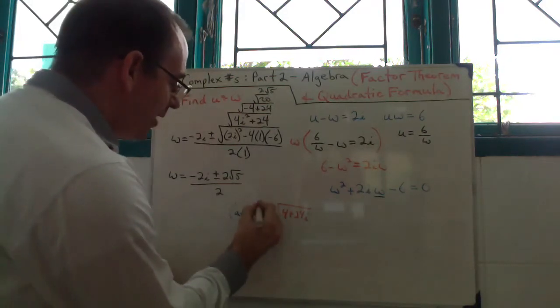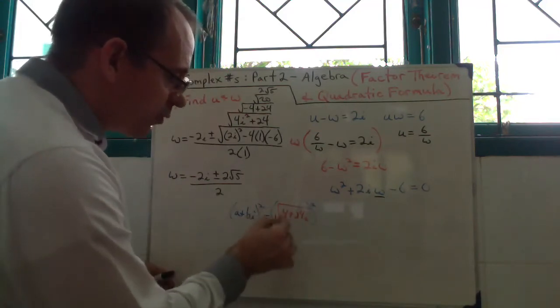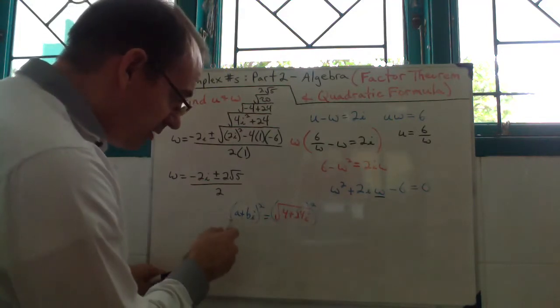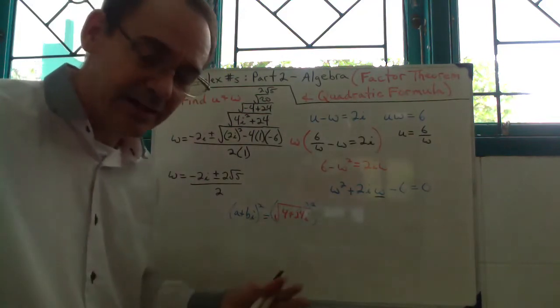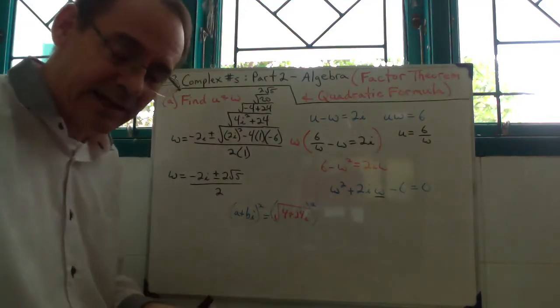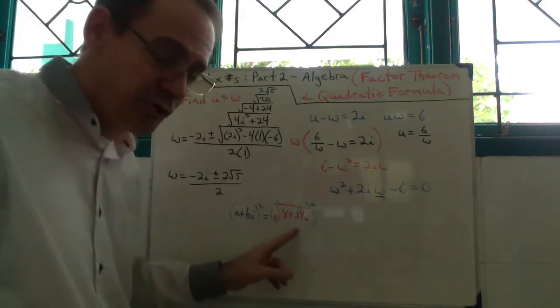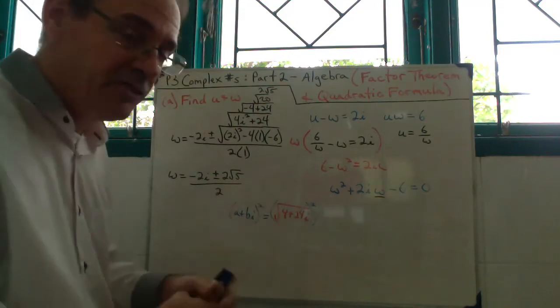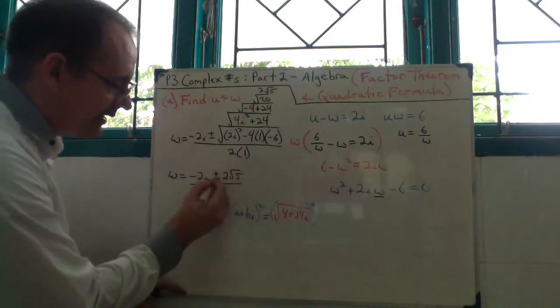You would then square both sides to get rid of this, and you would solve for the two roots of this. You have to solve for that a and b part. So just like what we did in the previous video, you can go back to that to review if you need to, and you will get your two roots, and they'll be in imaginary numbers, and then you can plug them back into this spot right here.